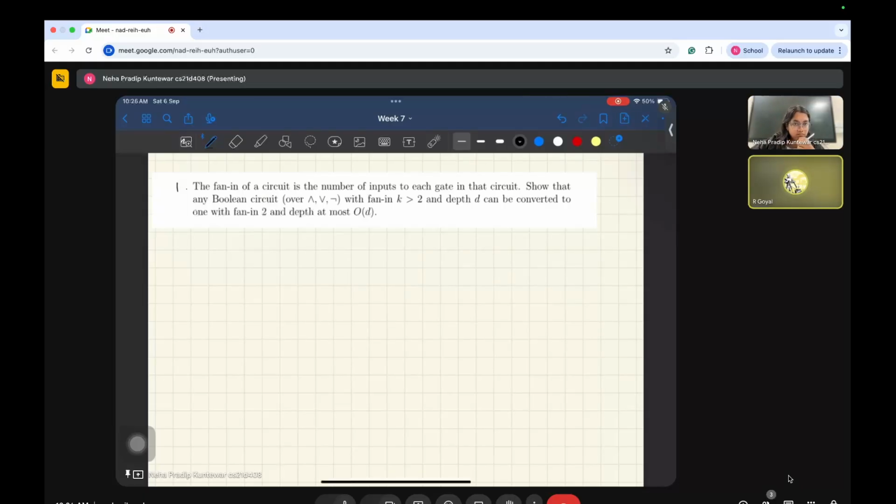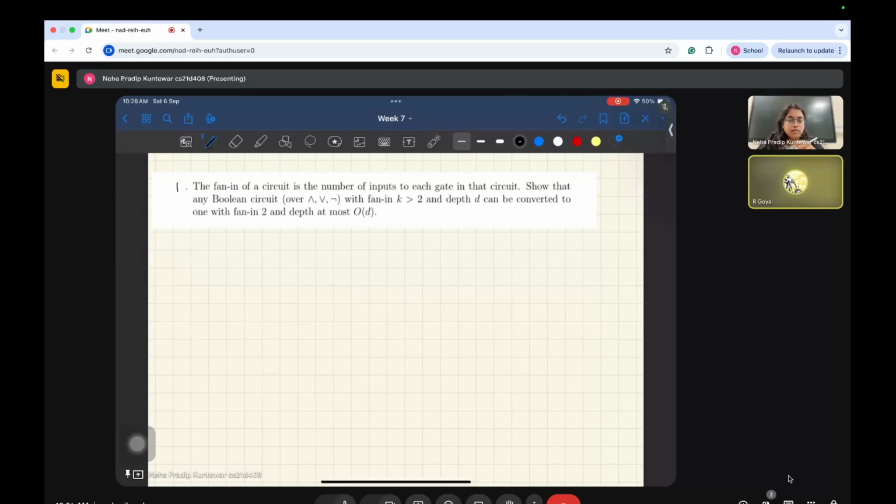Show that any Boolean circuit having fan-ins greater than 2 and depth D can be converted into one with fan-in 2 and depth at most D. If I am allowed to take only two inputs at a time, and in the original circuit the depth is D, how do I realize a single gate which has n inputs spread over the depth of D?